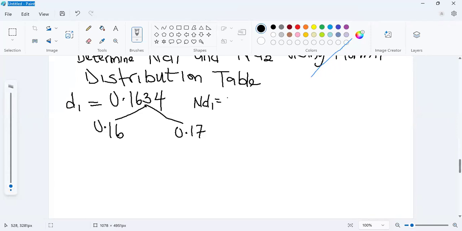Then you are going to start with 0.5 plus, now open a bracket. Let's check the table. We now check 0.1 under 6.